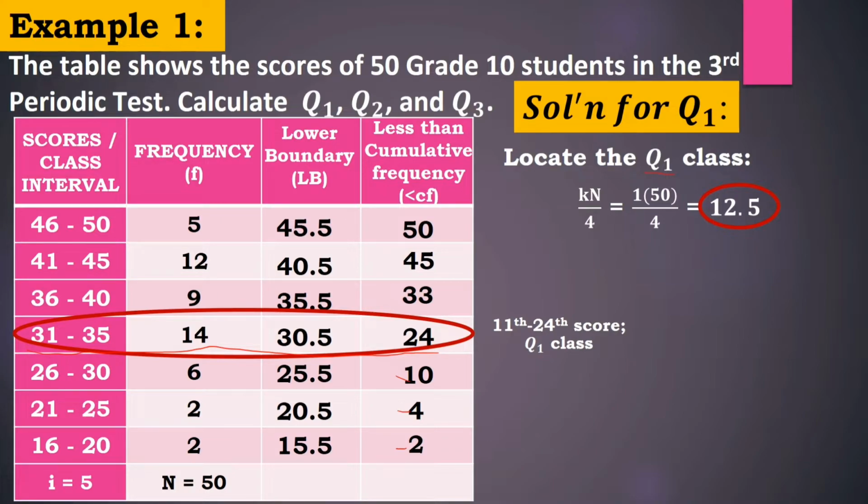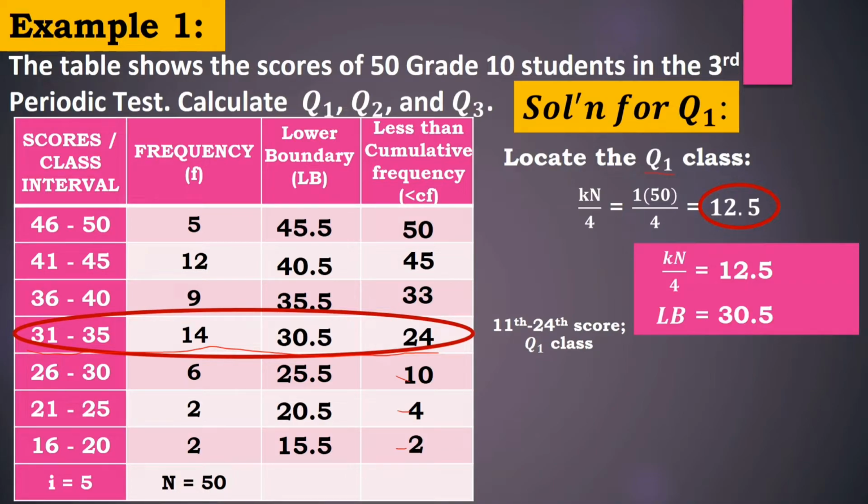So, let's identify the values. Kn over 4 is 12.5. Lower boundary, that's 30.5. CF sub B, take note that CF sub B is the cumulative frequency before the Q sub k class.